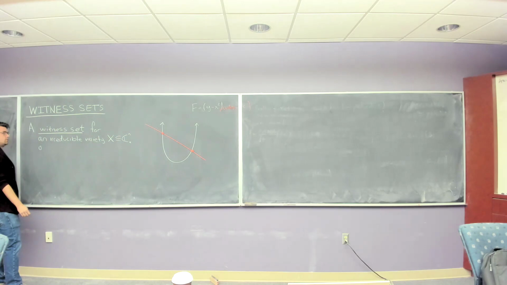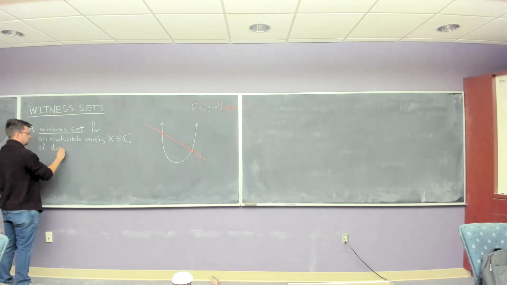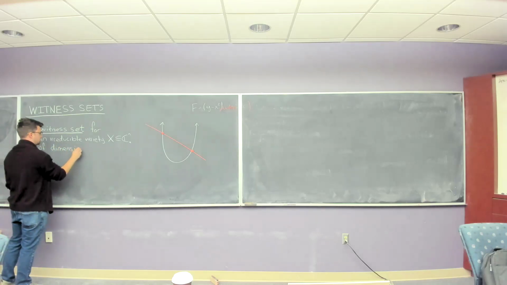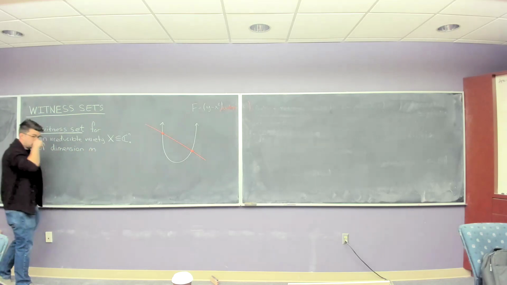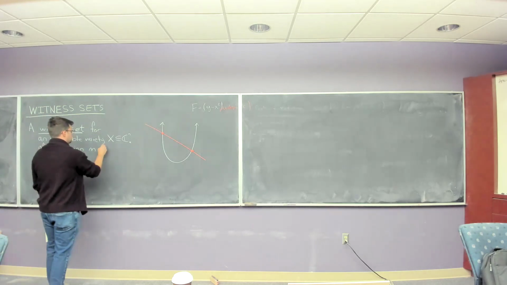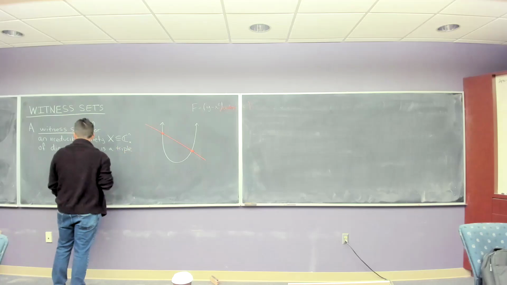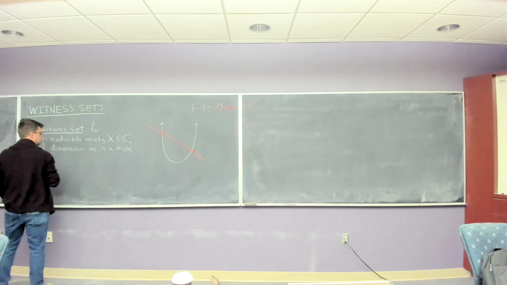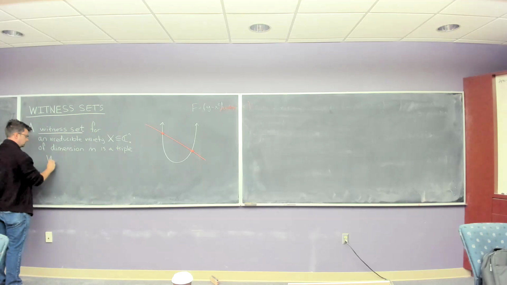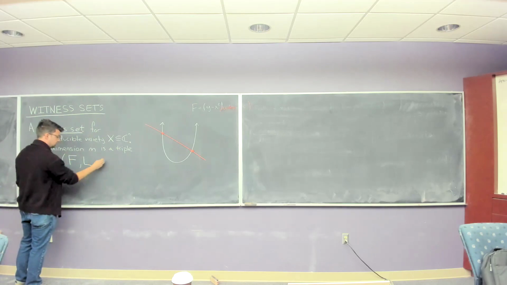So an irreducible variety, let's say we already know its dimension for some reason. So of dimension m. Well, it's a triple. Call that a triple W. It's an F, L, and an S.